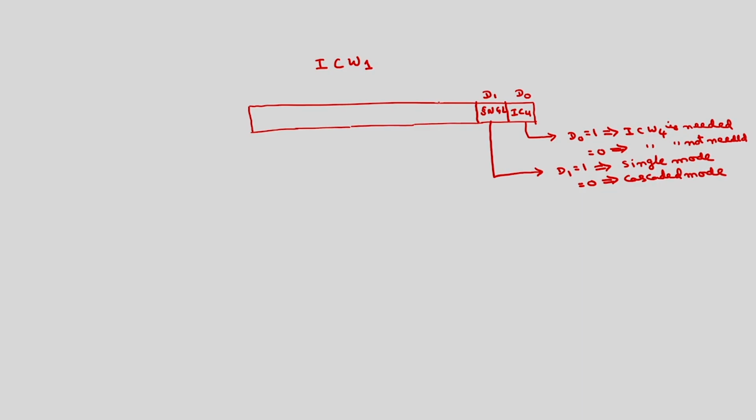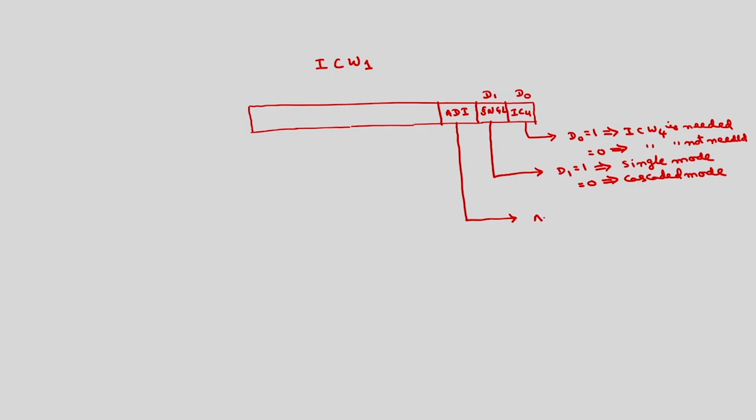Then we have address interval, ADI. The address interval of different types of the IRs can be either 4 or 8 intervals, as I have discussed in the last class also.